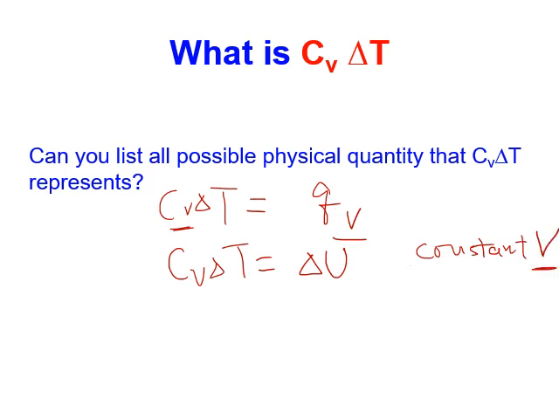This applies to all gases, because it comes from the first law of thermodynamics. So for all gases, as long as volume is constant, delta U equals CV delta T.